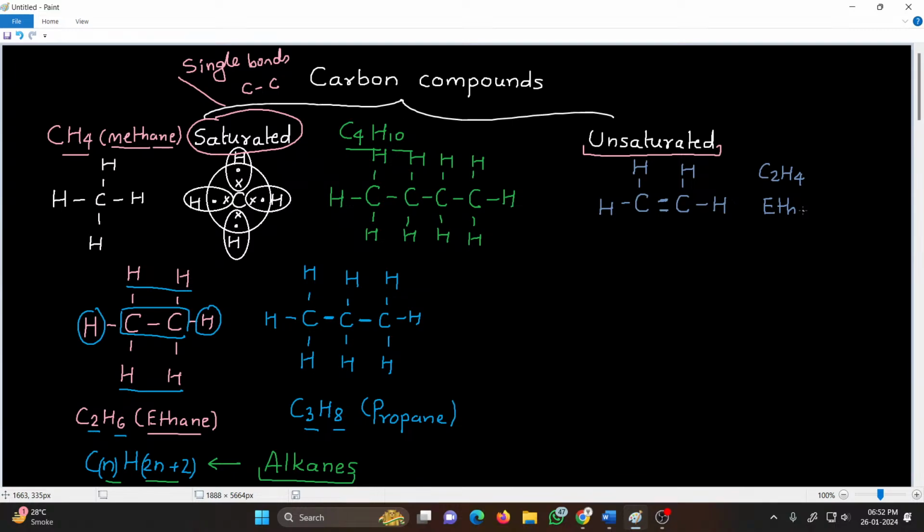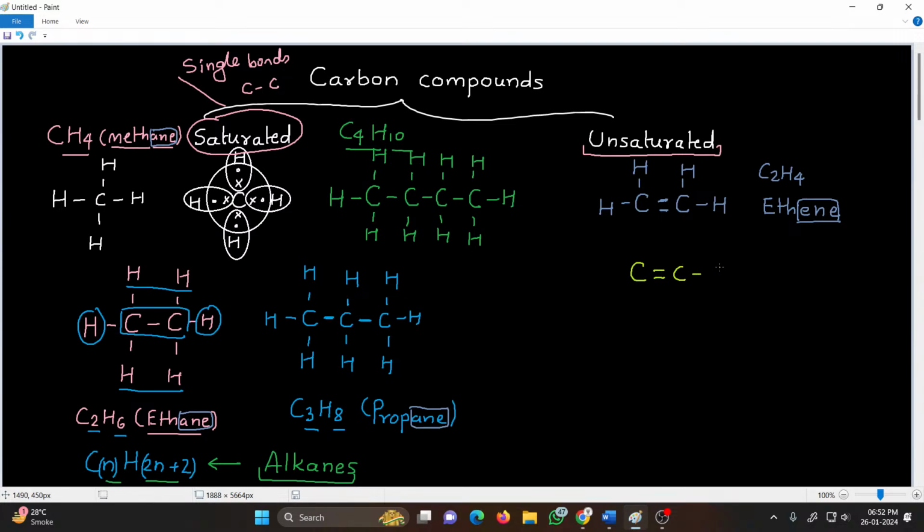The last 3 letters are different. If you can see, for alkane, the last 3 letters are ANE, but in case of alkenes, with a double bond, the last 3 letters are ENE.